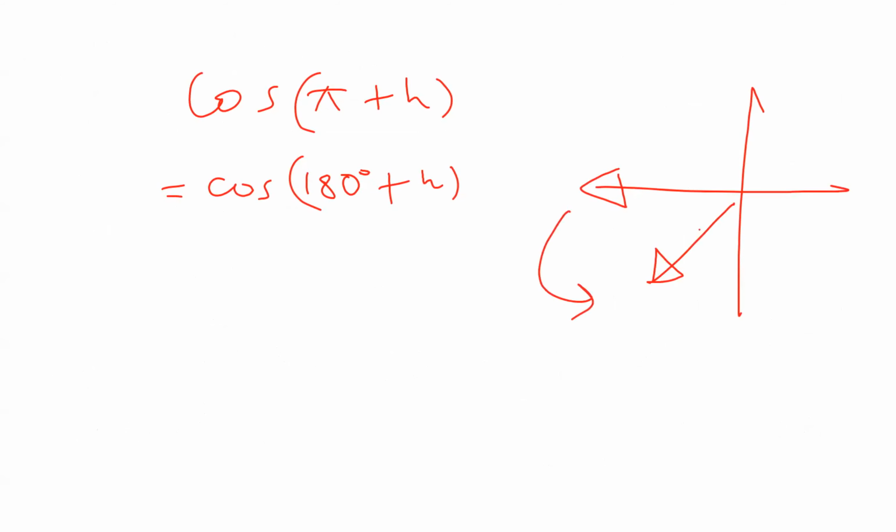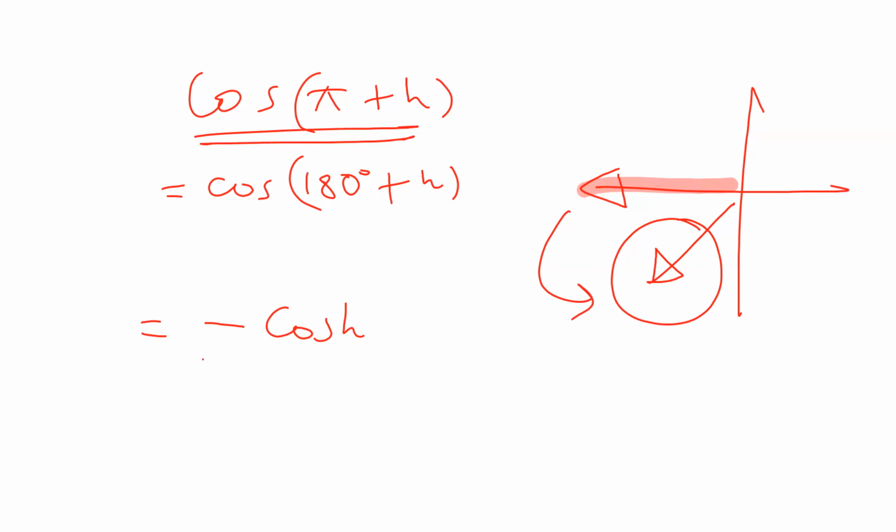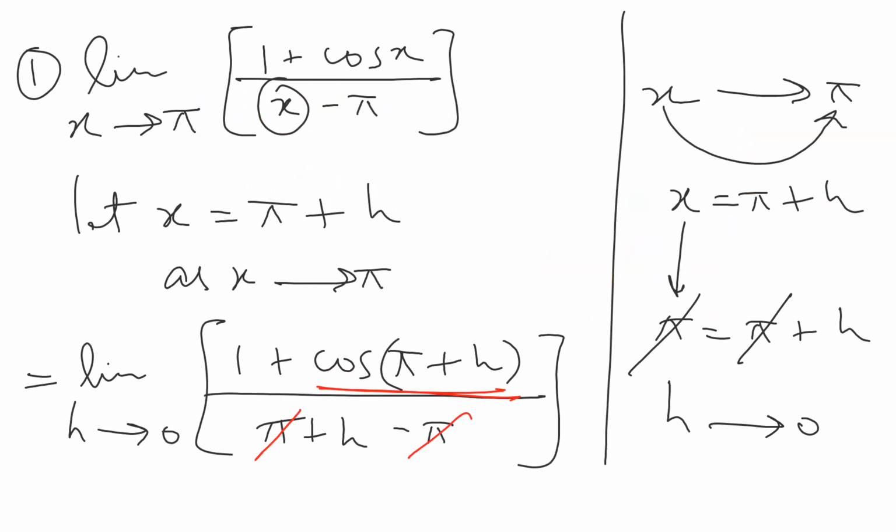So in this particular quadrant, your cos is negative. And 180 was at the x-axis, so cos remains cos. So cos h. So cos of pi plus h is nothing but minus cos h. So I'm going to replace cos of pi plus h with minus cos h.